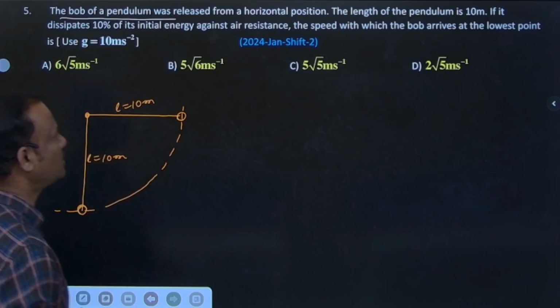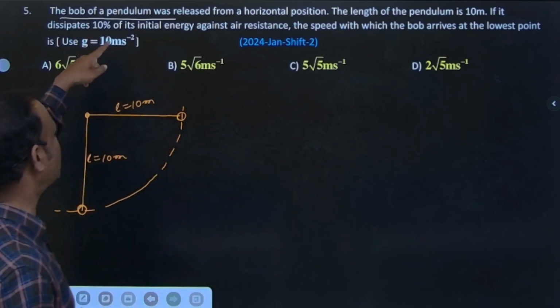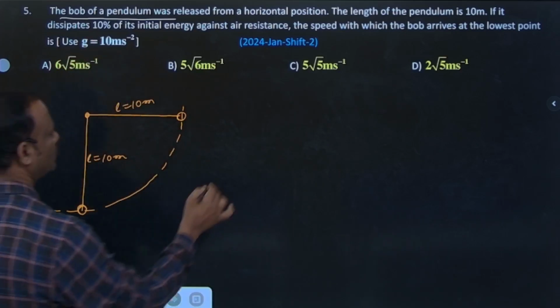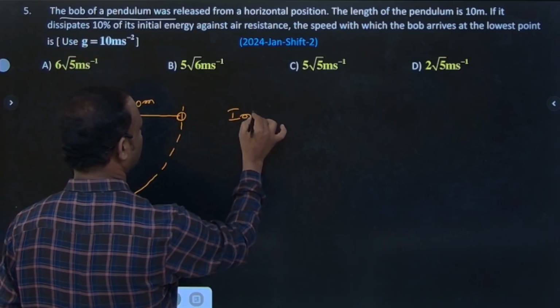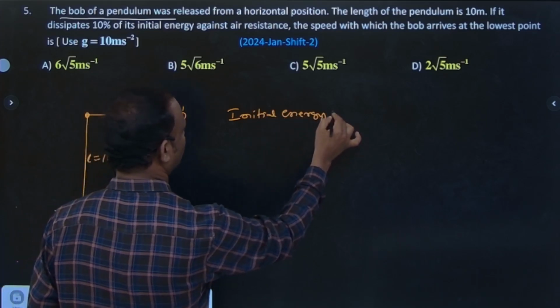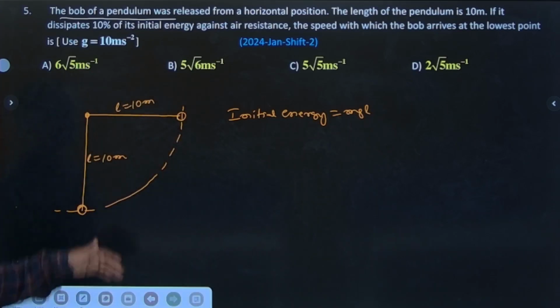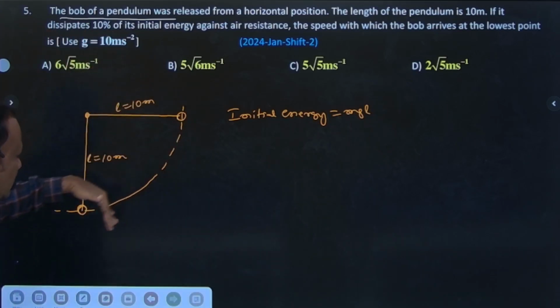Now what is the situation mentioned here? If it dissipates 10% of initial energy. So what is the initial energy? Initial energy is mgh, which is mgL. Decrease in potential energy is equal to increase in kinetic energy.